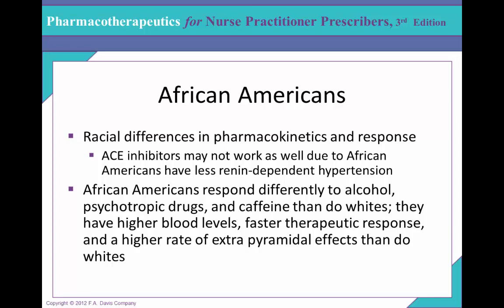But they have a very high affinity for salt, and therefore they tend to accumulate more edema. So their salt sensitivity is very high, and this is the reason why, for example, diuretics is the first line of treatment for hypertension in African American. They respond different to alcohol and psychotropic drugs than whites.